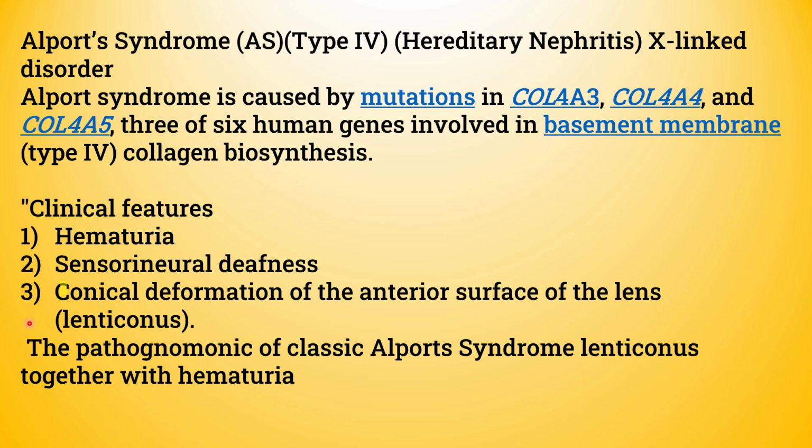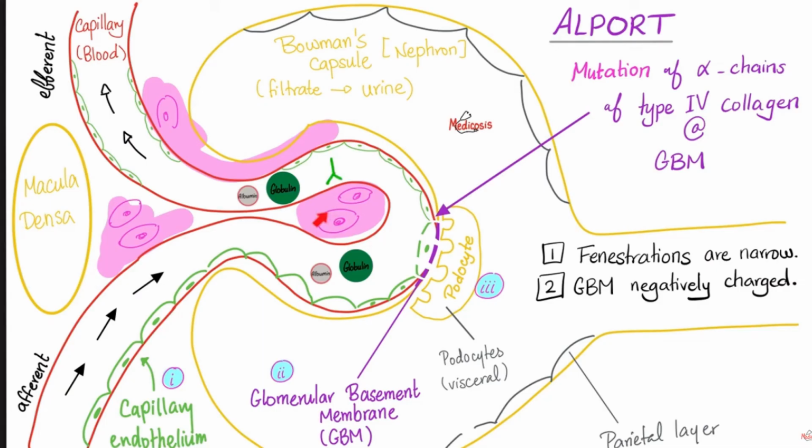And these are the clinical features. In Alport syndrome, the basement membrane of the kidney, in the glomerulus, is not properly formed because of the defect in type 4 collagen, due to mutation in the genes responsible for formation of the alpha chain.